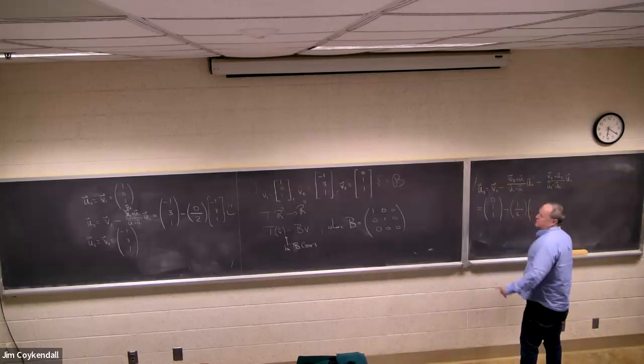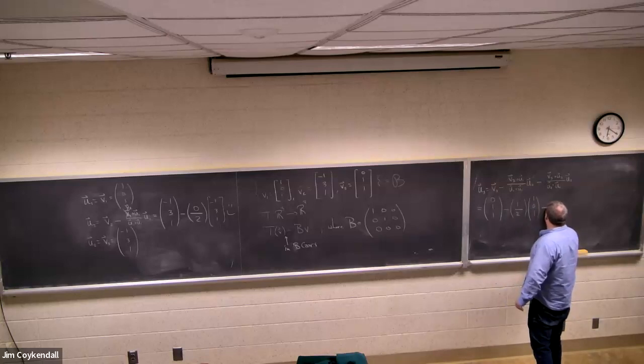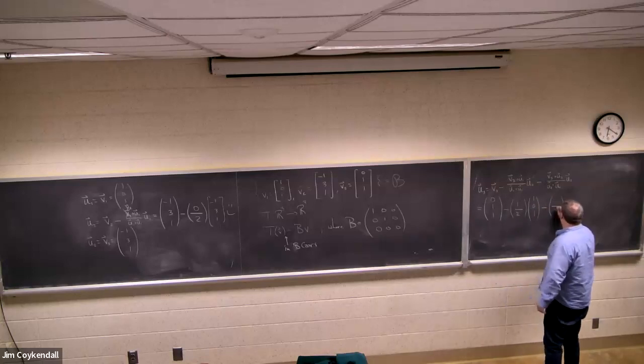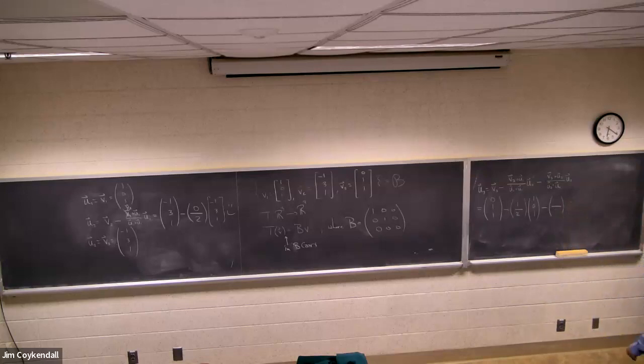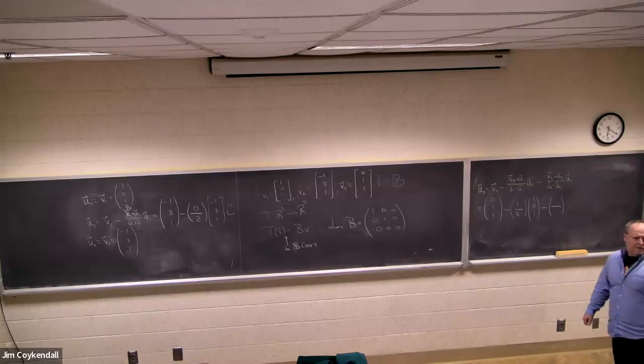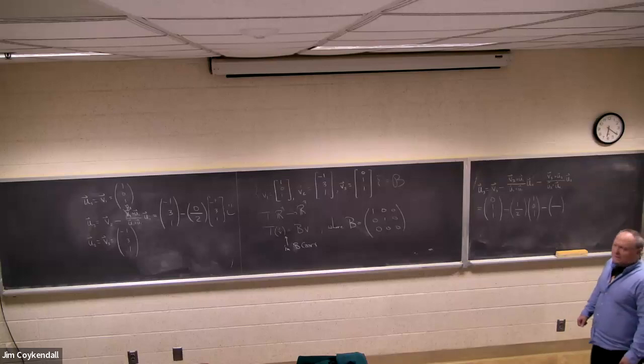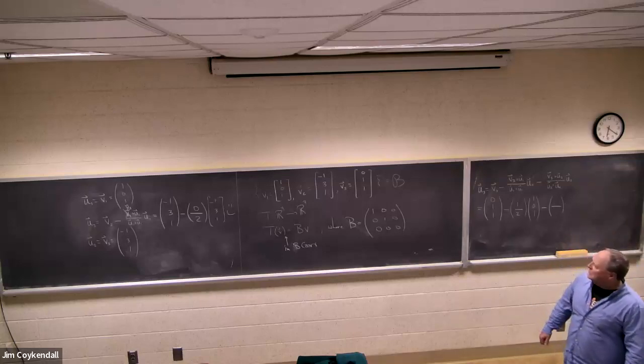And U1 is (1, 0, 1). Okay, what about V3 dotted with U2? What do we get? U2, it looks like 4.